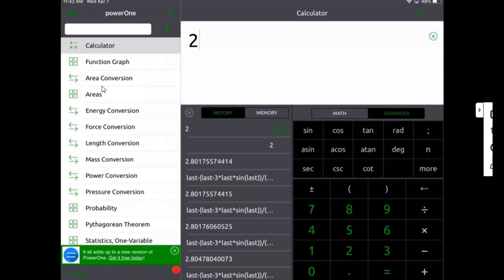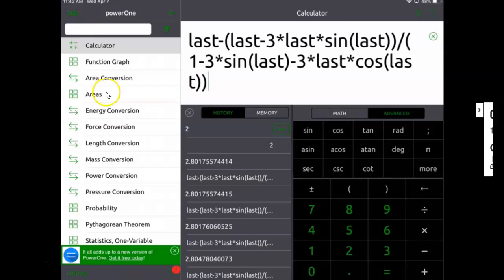Again, the way I have to do it on this calculator, I have to type in that whole expression in terms of the variable last instead of x, which is what you can do on your calculator. So last minus 3 times last times sine of last, all that divided by 1 minus 3 times sine of last minus 3 times last times cosine of last.